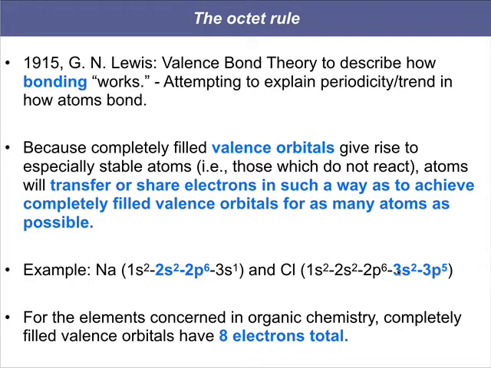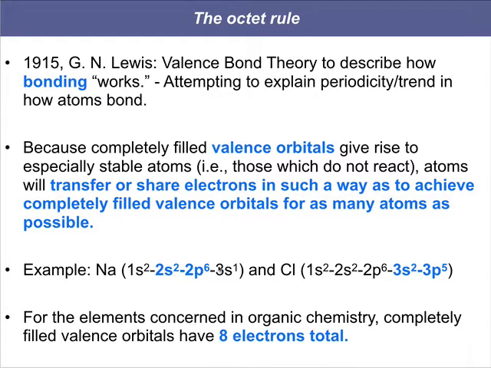In the third level, it's got 7 electrons, 2 in the s and 5 in the p. So chlorine really wants one more electron in order to fill that third valence shell. If we compare that to sodium, it's only got 1 electron in its third level, but it does have a full second level, of course.